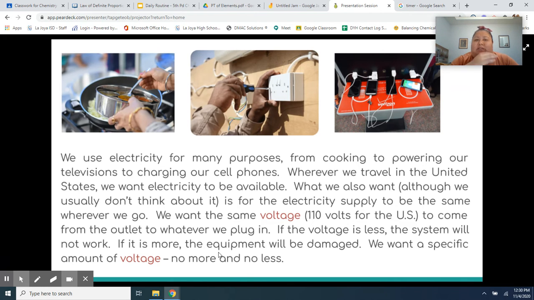That will definitely affect the device you're trying to turn on. If you're trying to charge your cell phone, it might not charge at all. If you're plugging in a lamp or a toaster, it might work, but not at 100%. It might be at about 60 or 80%, and it might take longer to cook, or it might not be as bright as it should be.